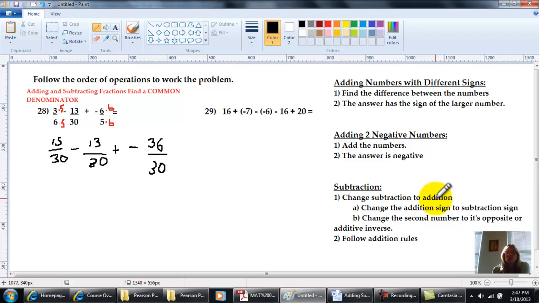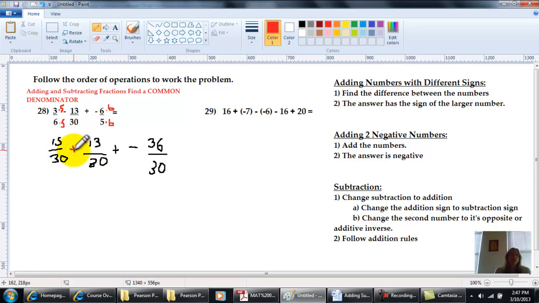So when we change to addition, we are changing the subtraction sign to addition, and then we are changing the second number to its opposite. So you must change this positive 13/30 to a negative 13/30. We're just working with these two numbers right now.